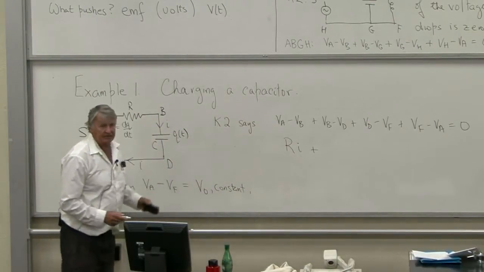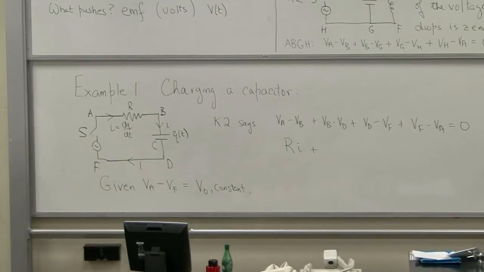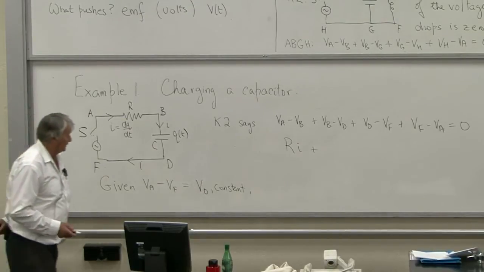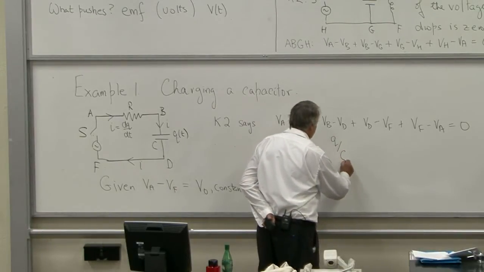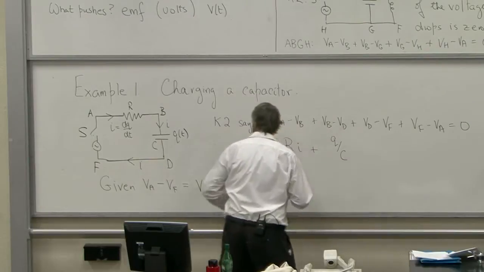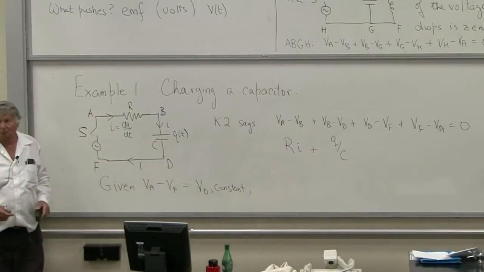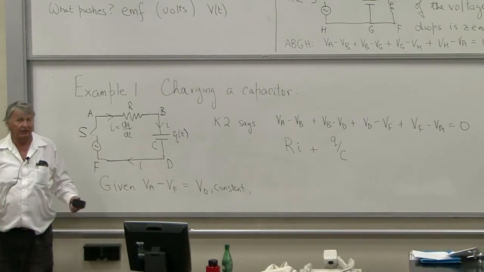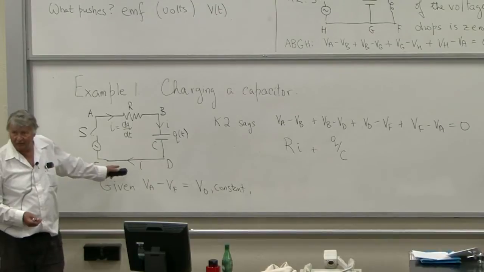VB minus VD. The voltage drop across the capacitor is what? Q over C. The voltage drop across here, there are no elements in here. Zero. This is a kind of cartoon.